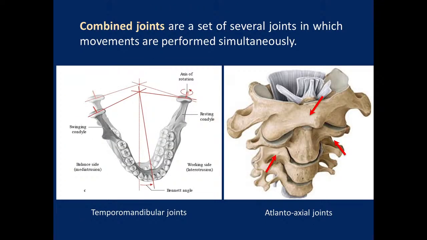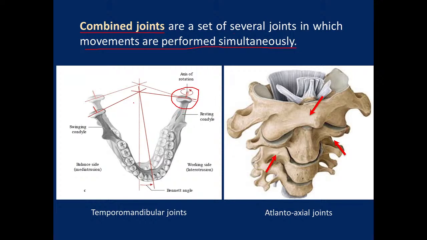Another term is combined joints. What does it mean? Combined joints are a set of several joints in which movements are performed simultaneously. For example, here you see the temporomandibular joints, left and right.